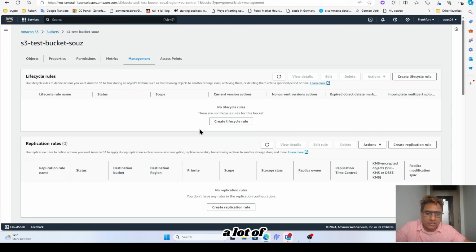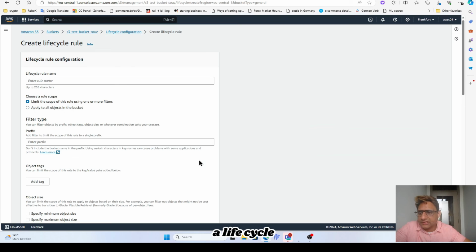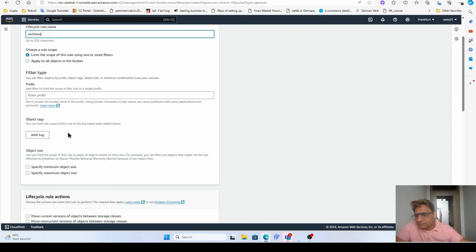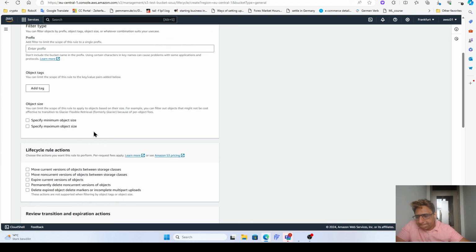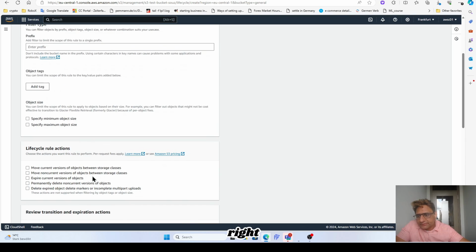You could do a lot of stuff. You can create a lifecycle rule, and in this lifecycle rule, you can say to archive it and limit the scope of using. And you can move this to a different storage class, right?